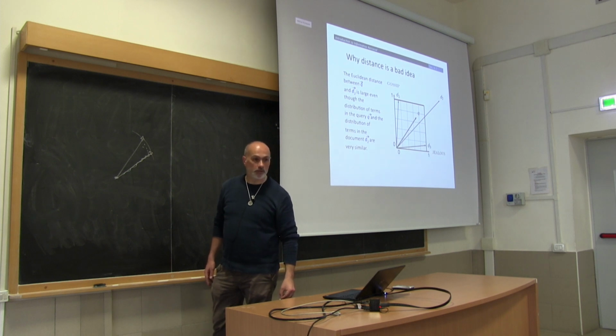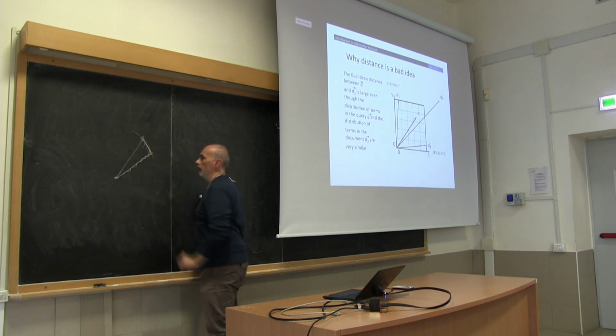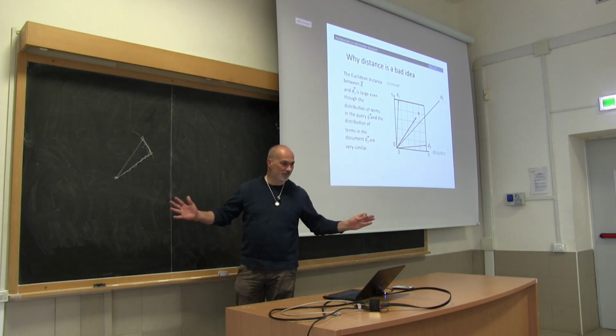What am I taking with Euclidean distance? With Euclidean distance, I'm taking the length of that segment. So apparently I'm taking two different things, but actually they provide the same information.